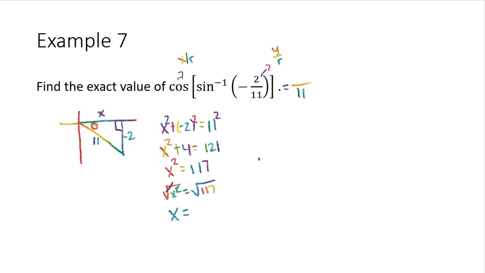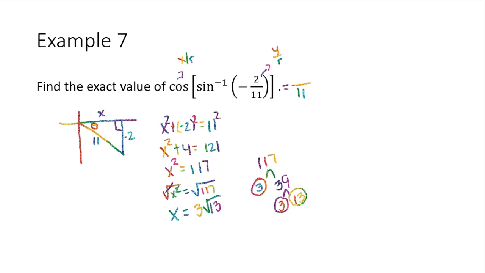And let's see, 117. I know 3 can go in there. 3 can go into 11, 3 times 39. This is prime. And then 3 can go into 39 13 times. Now this is prime. That means my radical can break down into 3 times the square root of 13.